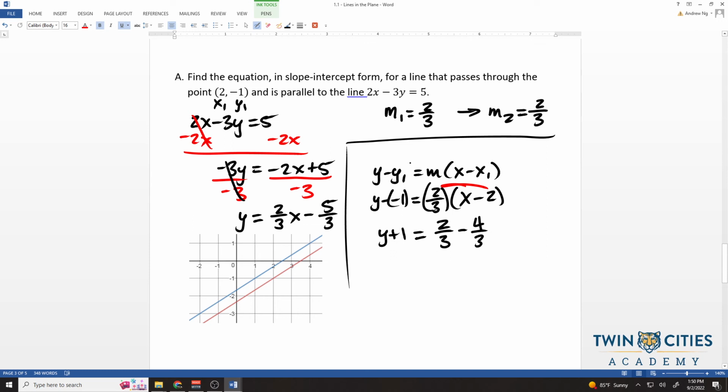Since these are in thirds, I'm going to subtract 3/3. Leaving us with y equals 2/3 x, and then negative 4 minus 3, minus 7/3. This is the parallel line.